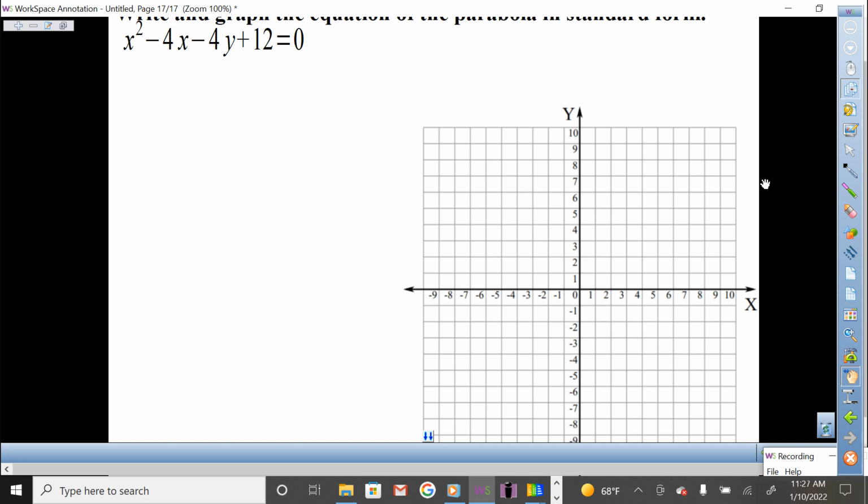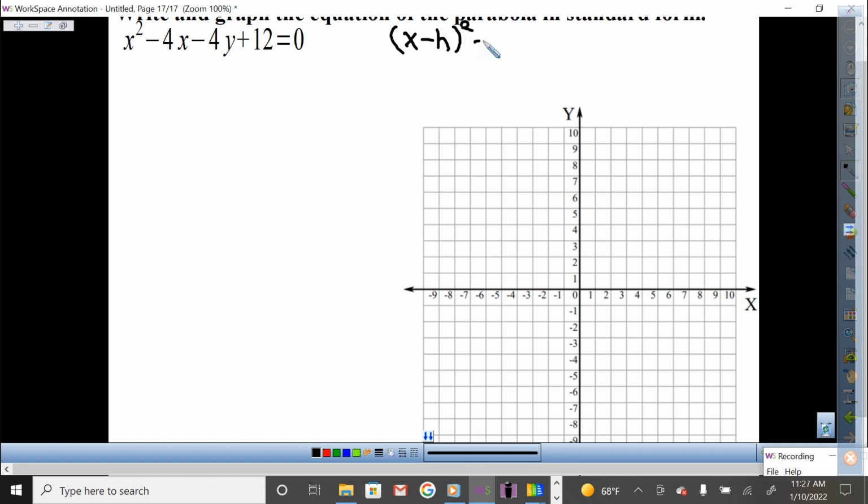Which variable has a square? The x. That means the equation that I need it to look like has to have the x with a square. Is that correct? Which means on the other side we should have what? 4p and what? Y minus k. This has to look like this. And right now you're just paying attention.